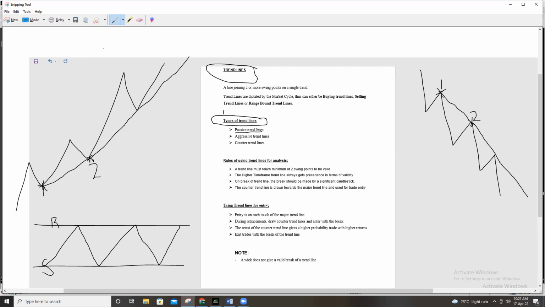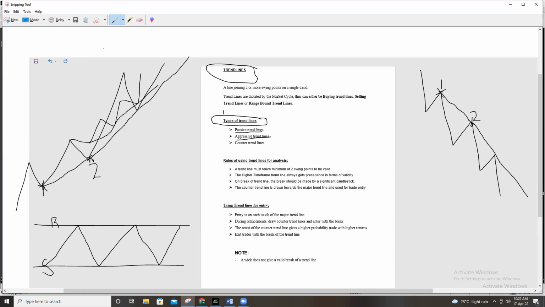Then at some point, because the market does not actually just respect the passive trend line, you may get other micro movements in that trend. If you draw another trend line in there, it is what we call an aggressive trend line.